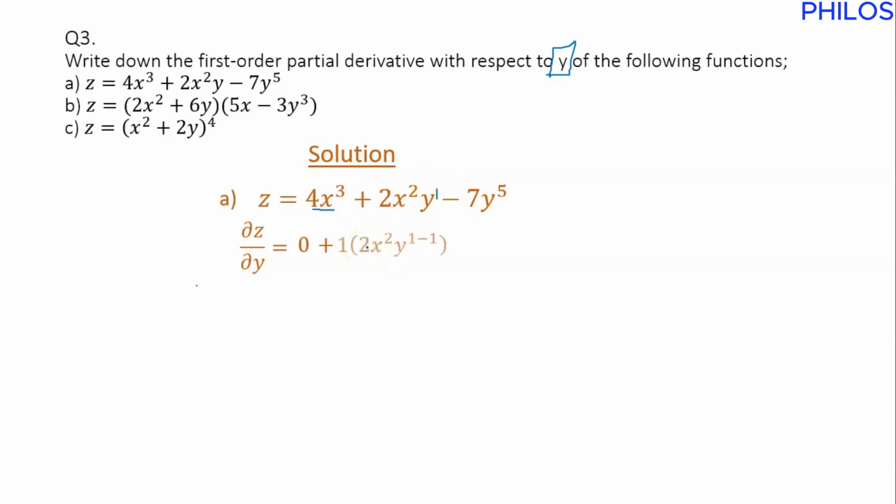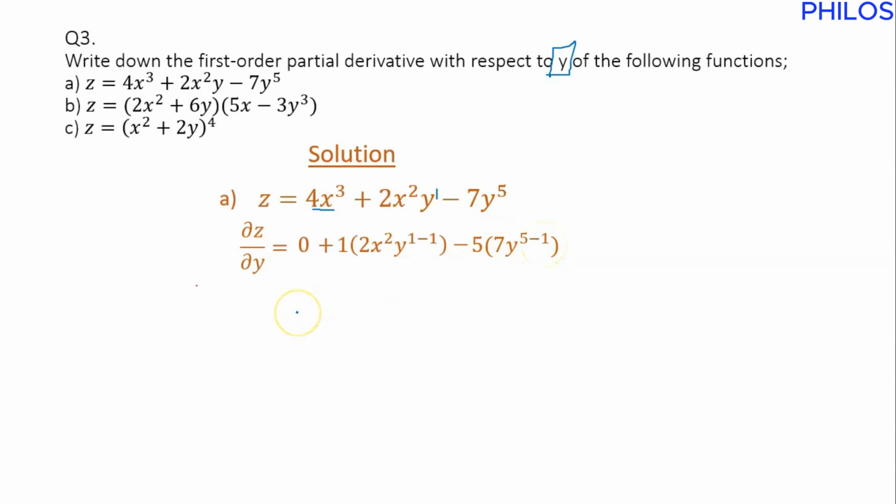So that will be 1 multiplying 2x exponent 2 multiplying y exponent 1 minus 1. Then minus, here too there is y. So we multiply the whole thing by 5, which is the exponent of y, and subtract 1 from the exponent. So that should be 5 multiplying 7y exponent 5 minus 1.